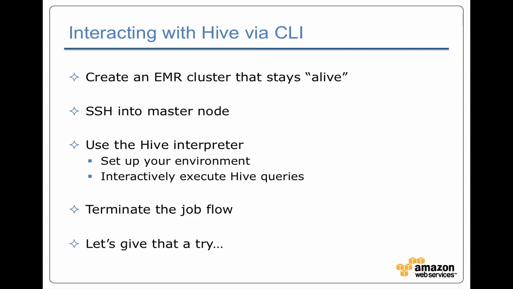After it's done that, then you SSH into the master, which means that when you set this job flow up, you must specify a key pair so that you can use that private key to SSH into the master. And then when you're in there, you start running the Hive interpreter. And then when you're done, you have to remember, of course, to terminate this job flow. So we're going to go give that a try now.